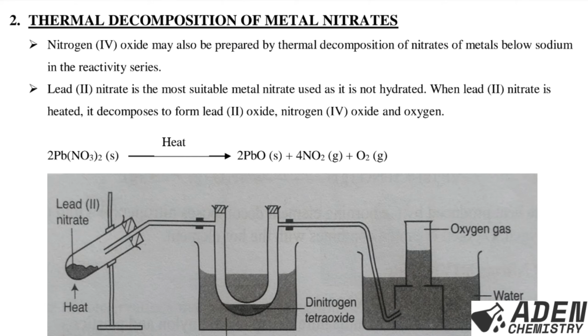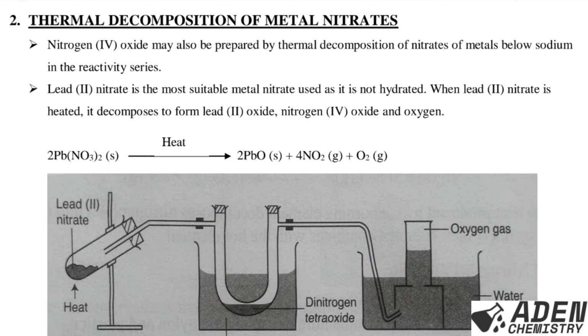Then the least reactive metals, silver and mercury, when their nitrates are heated, form three products again: their respective metals, nitrogen peroxide, and also oxygen gas. So here we are dealing with a heavy or moderately reactive metal nitrate, lead 2 nitrate. When heated, we expect three products: metal oxide, nitrogen peroxide, and oxygen gas.